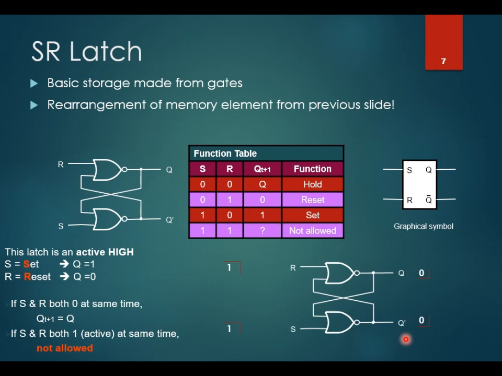The second reason why 1, 1 is not allowed in the SR latch is that if you put 1, 1 followed by 0, 0, the 0, 0 will invert Q and Q bar to 1. Now you can see the toggling happen from 0 to 1 at the output side.